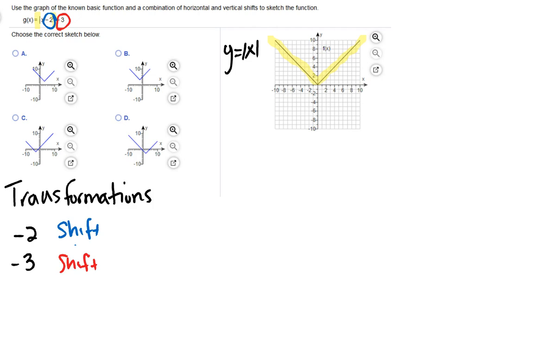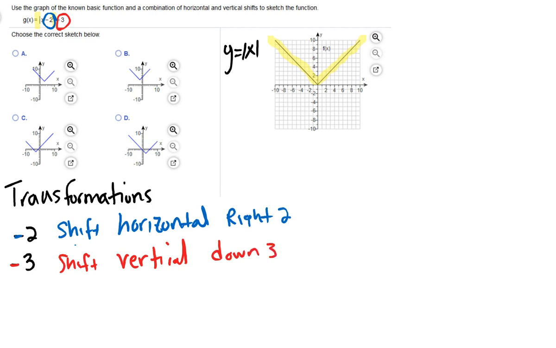So inside, like the minus 2, is the horizontal, and outside, like the minus 3, is a vertical shift. And then we need to figure out which direction. The minus on the 2 tells us that we're going to go right 2. The minus on the 3 tells me that we're going to go down 3.